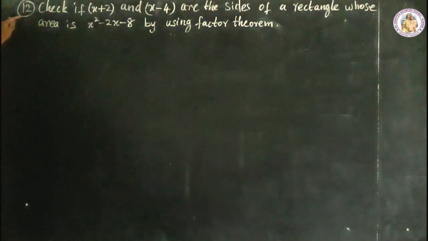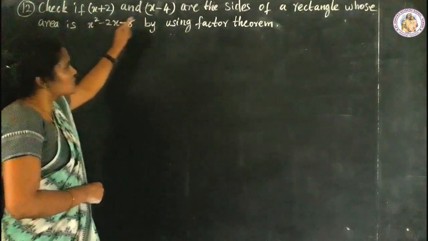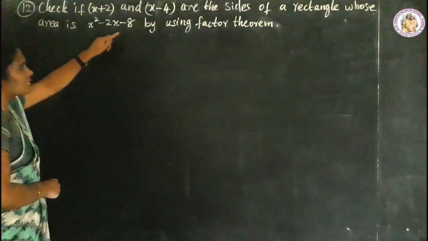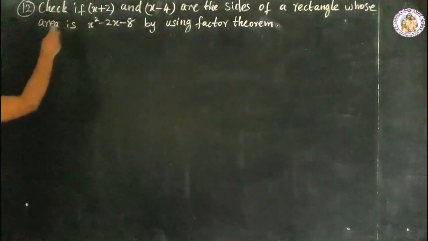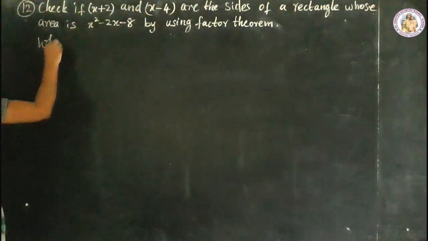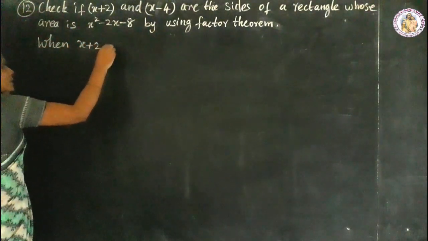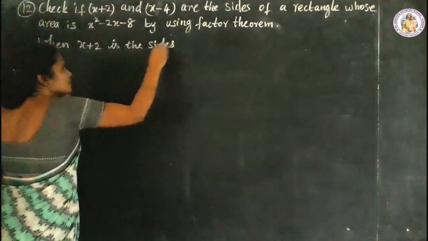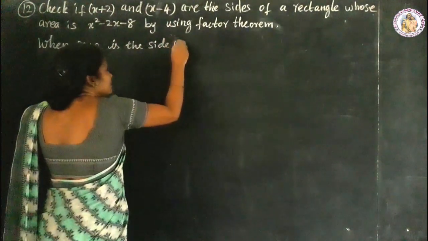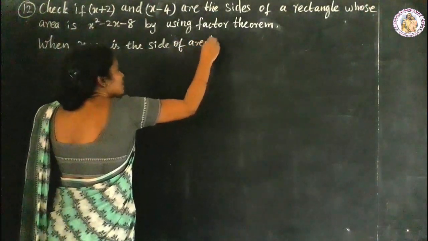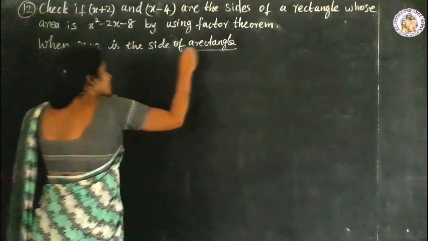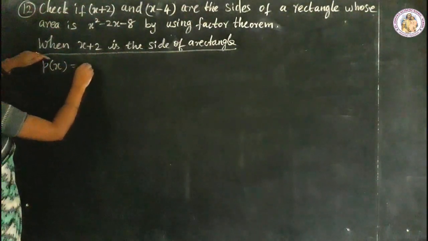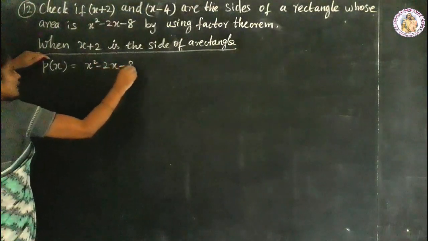Okay. Question number 12. Check if x plus 2 and x minus 4 are the sides of the rectangle whose area is x square minus 2x minus 8 by using factor theorem. So x plus 2 is a side of a rectangle, then p of x is equal to x square minus 2x minus 8.